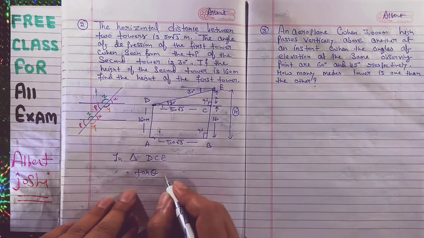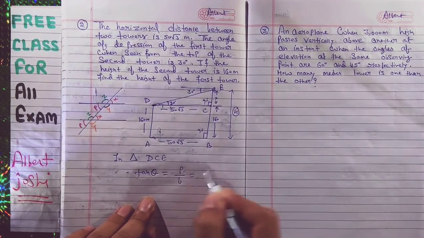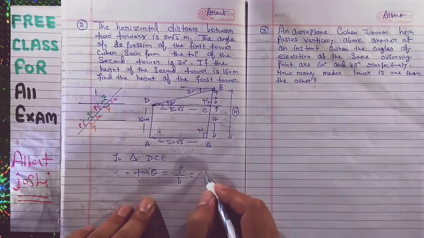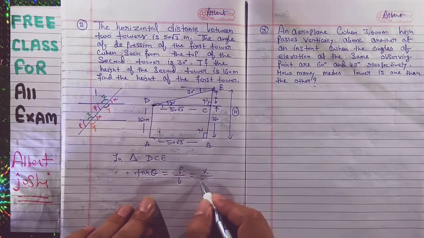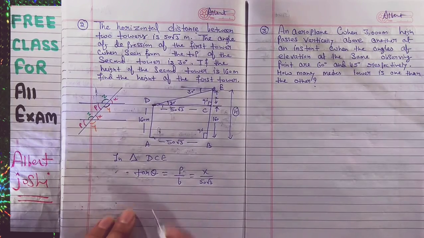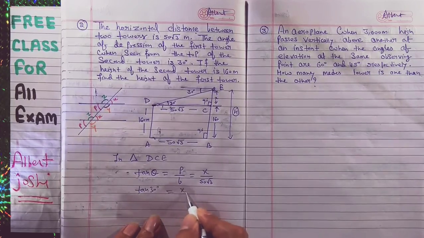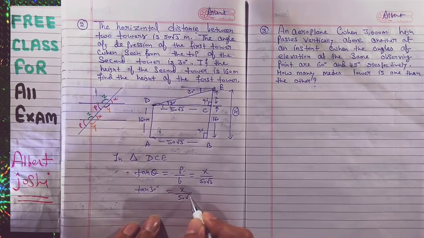Again tan theta is equal to perpendicular upon base. Perpendicular is x, upon base is 50 square root of 3. So tan 30 is equal to x upon 50 square root of 3.